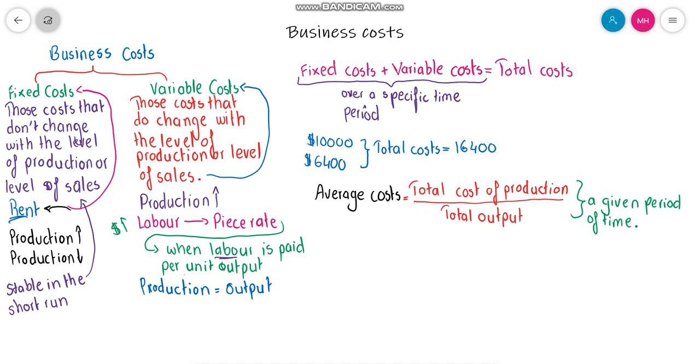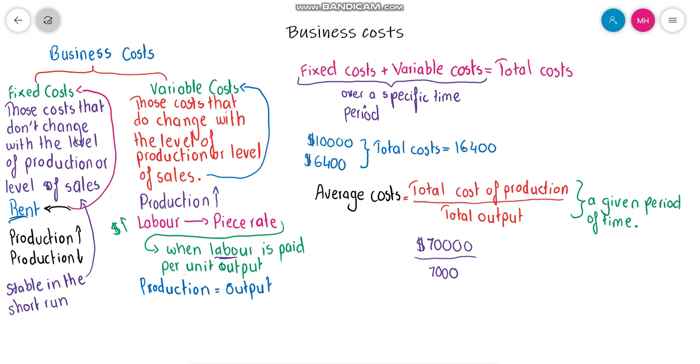Let's say the total cost of production over one month was $70,000, and the total output of, let's say, pairs of shoes, not just one shoe, was 7,000.